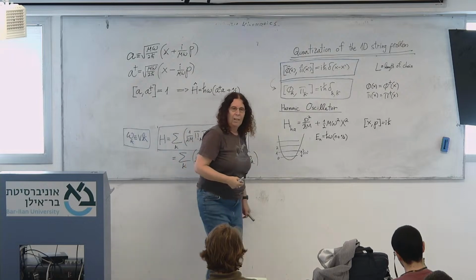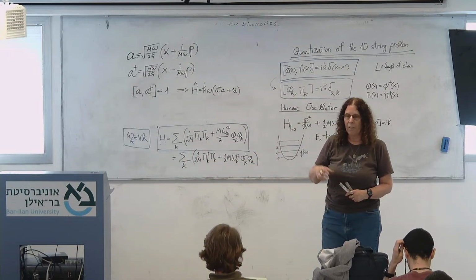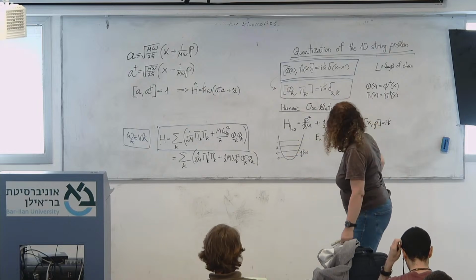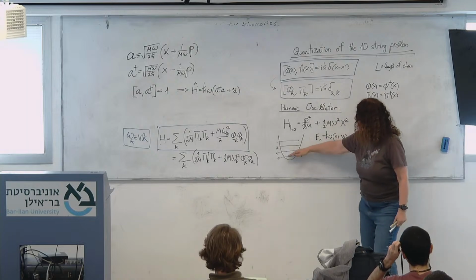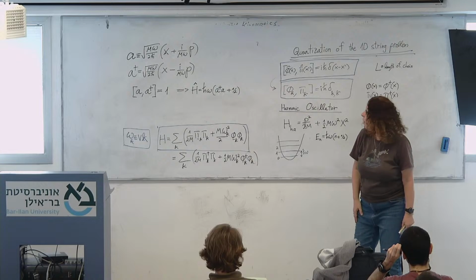So the operator a dagger a is in fact a number operator. It's something that counts. What does it count? If we go to the spectrum, it counts levels in the ladder.